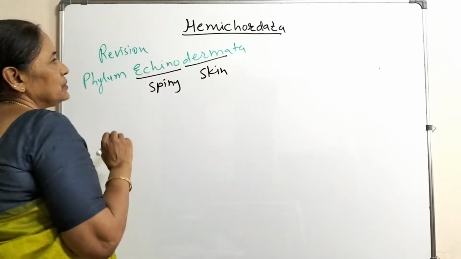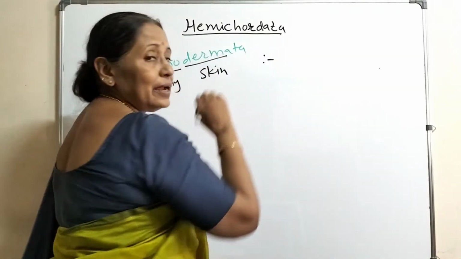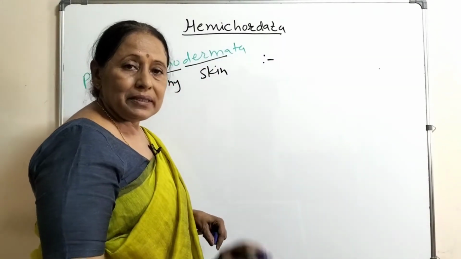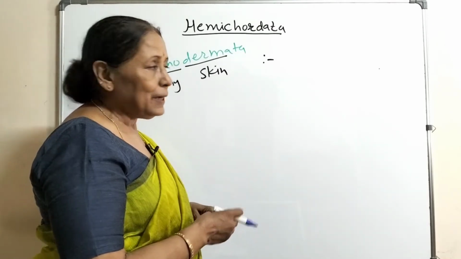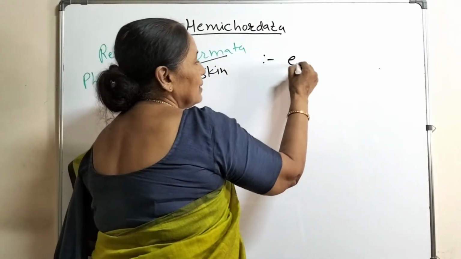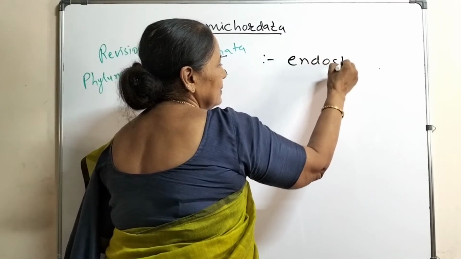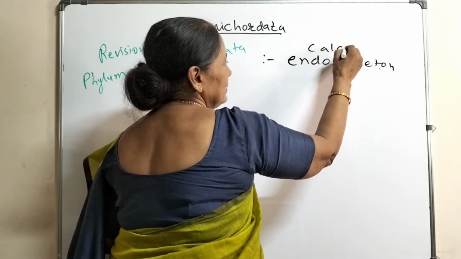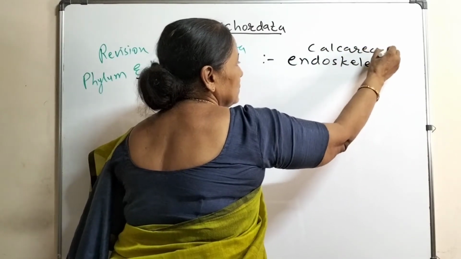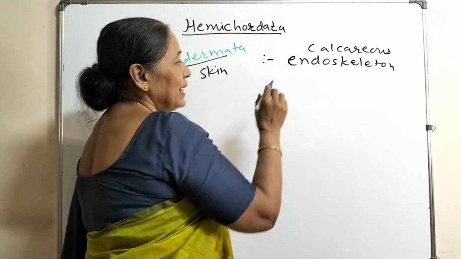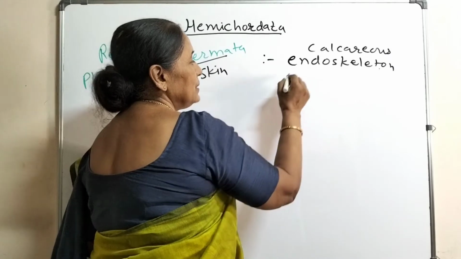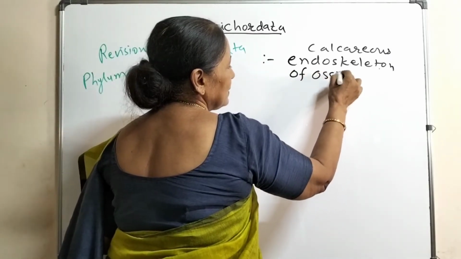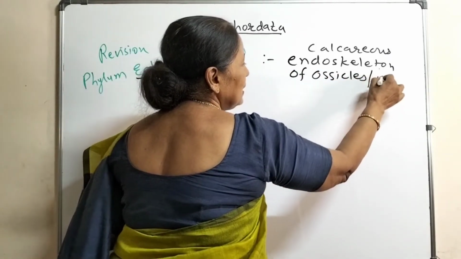So these are spiny skin, and the reason behind their being spiny skin is that they have an endoskeleton. This is a calcareous endoskeleton. Remember that they have a calcareous endoskeleton of ossicles, also called plates.